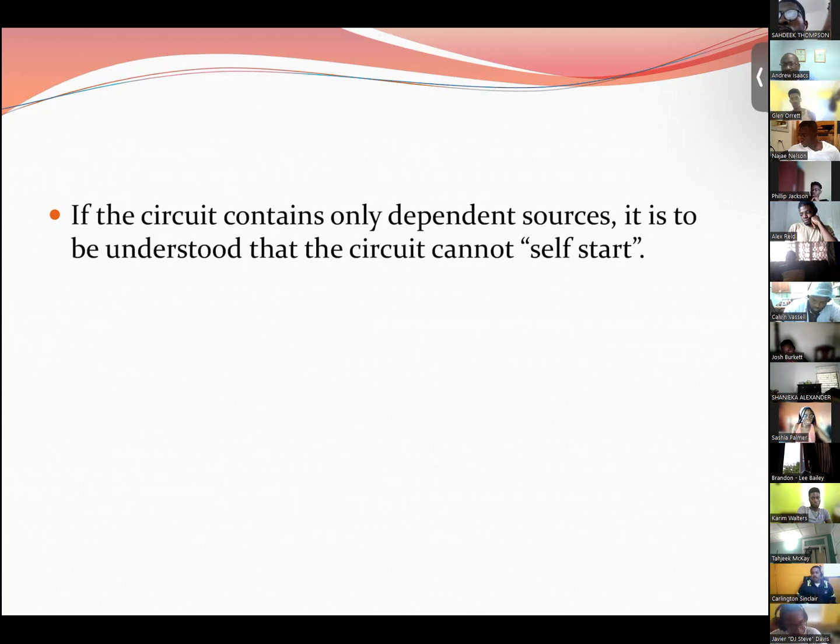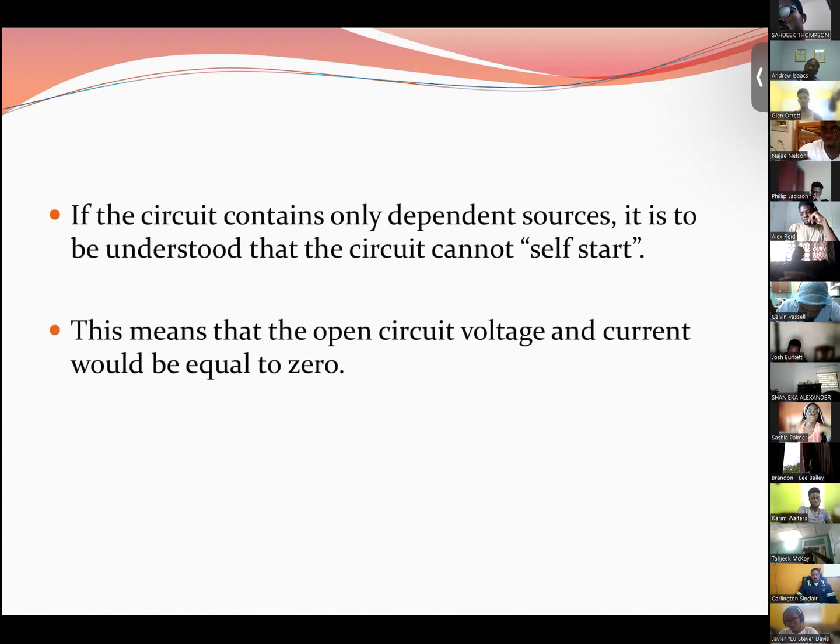So if you have only dependent sources, then as we have stated here, the circuit can't self-start. So the open circuit voltage and short circuit current would be equal to 0, which is, well, I shouldn't say impossible, which is expected. You have no internal source.